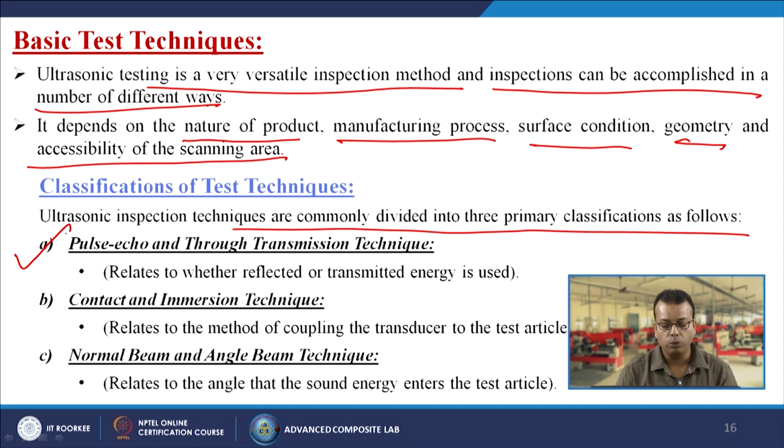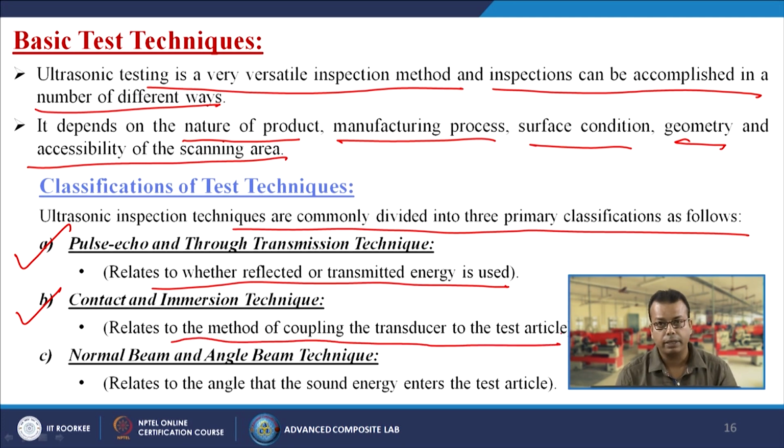Pulse echo and through transmission technique relates to whether reflected or transmitted energy is used. Contact and immersion technique relates to the method of coupling the transducer to the test article, and the third one, normal beam and angle beam technique, relates to the angle at which the sound energy enters the test article or specimen. First one is called the pulse echo technique.